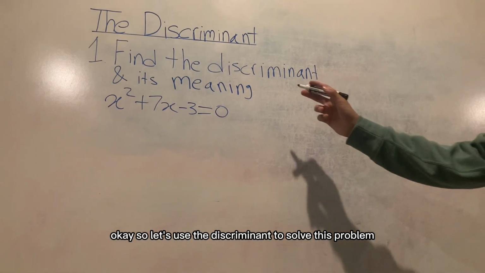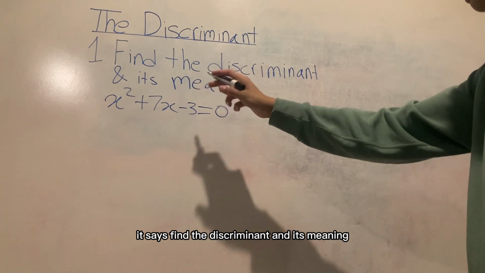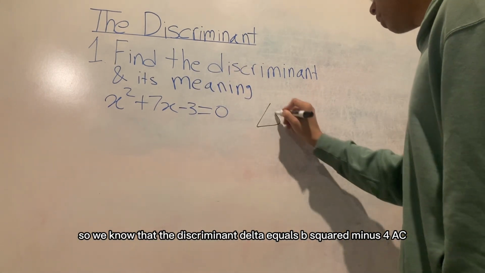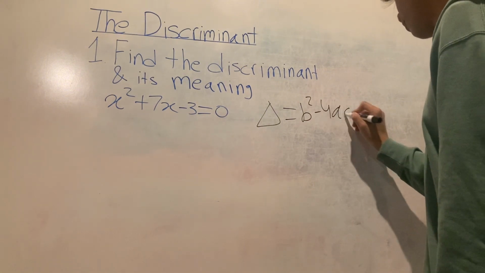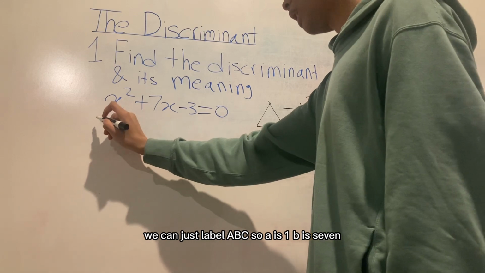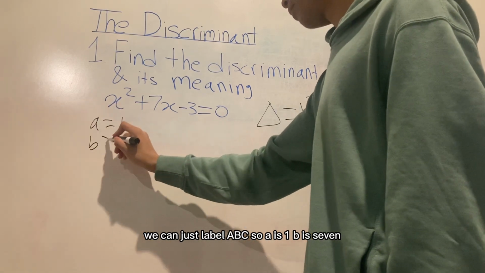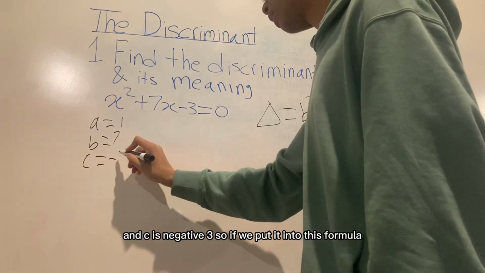Okay, so let's use the discriminant to solve this problem. It says, find the discriminant and its meaning. We know that the discriminant, delta, equals b squared minus 4ac. Here we have a quadratic equation, so we can label a, b, c. a is 1, b is 7, and c is negative 3.